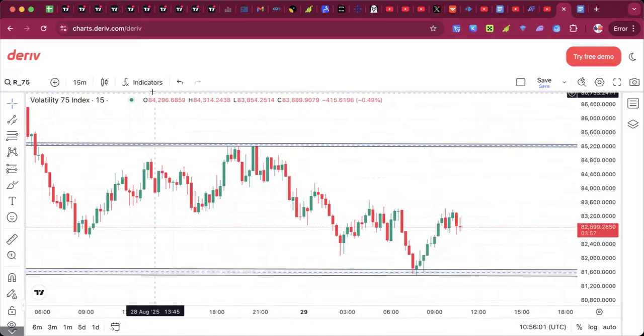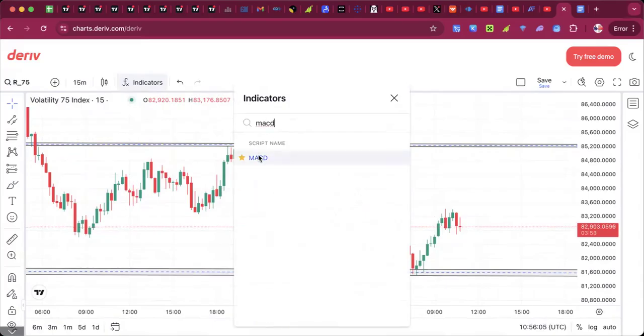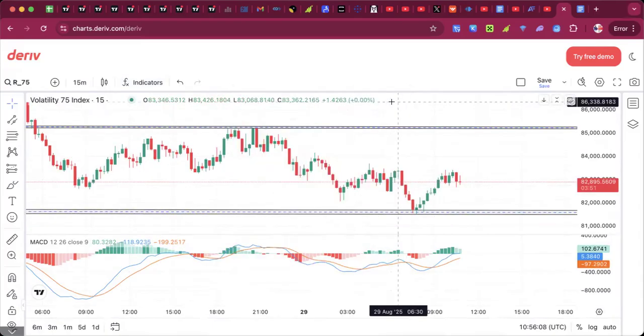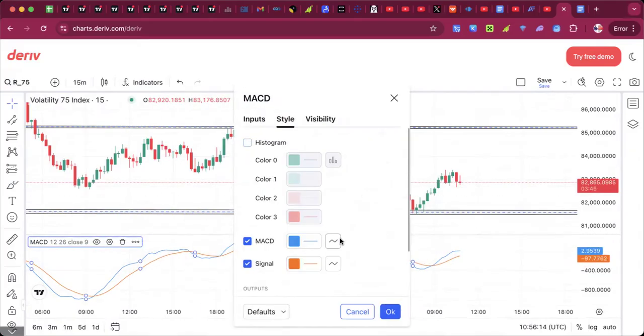Now, I said a few indicators you're adding are MACD. On the MACD, I remove the histogram.